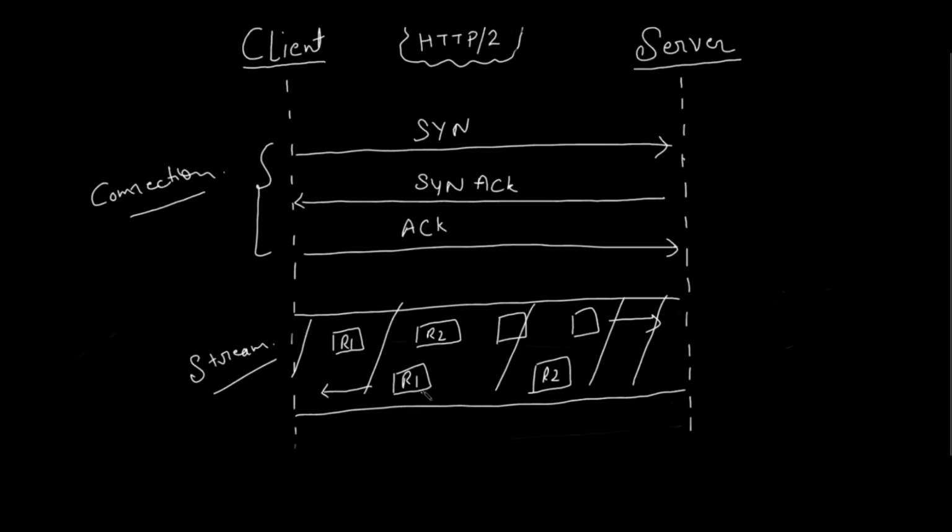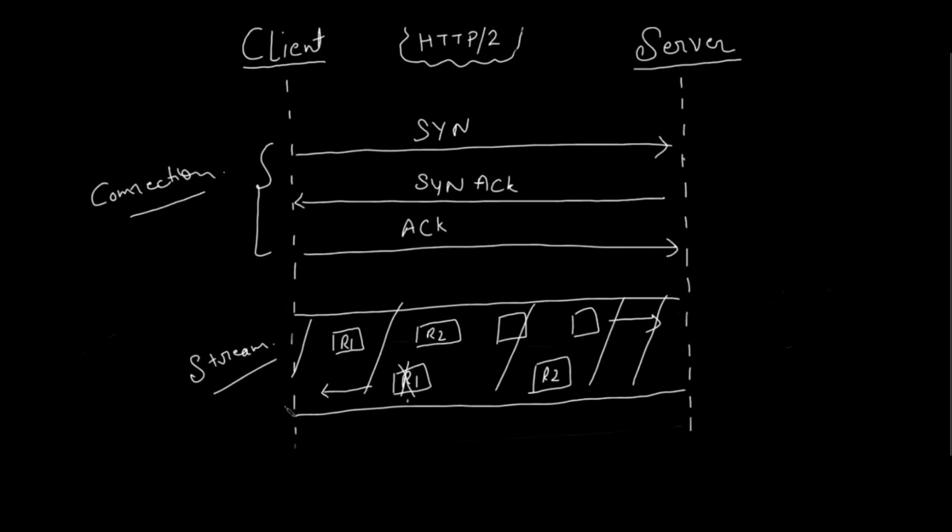So let's assume that this packet, which is part of request 1's response, gets lost in transit. Until and unless this request 1 packet is delivered to the client, TCP will not receive the packet which is coming just after that, that is the response 2.